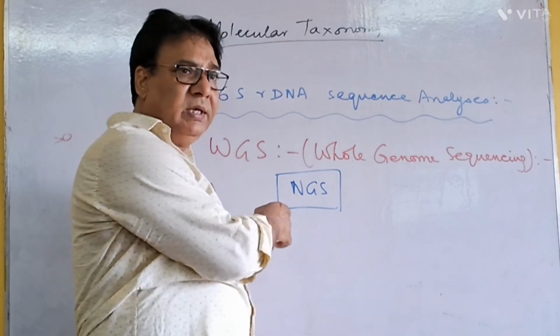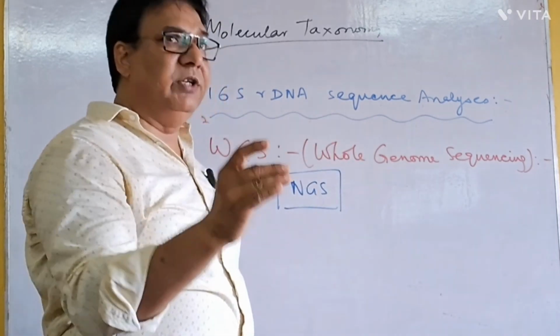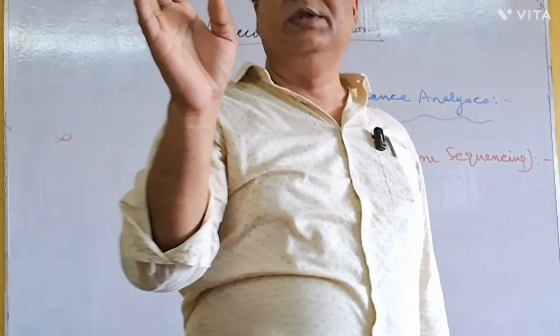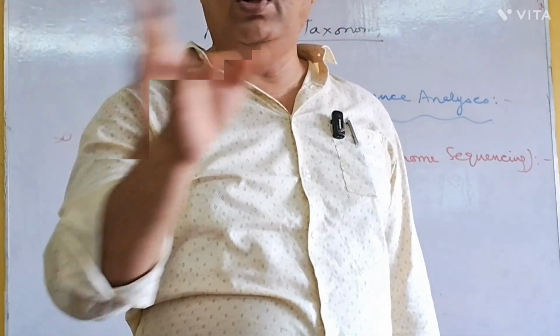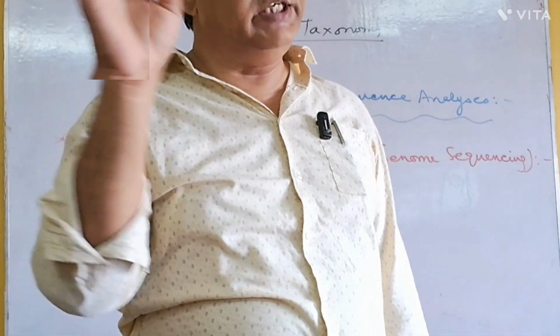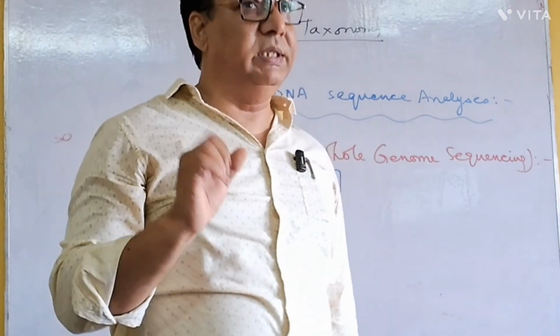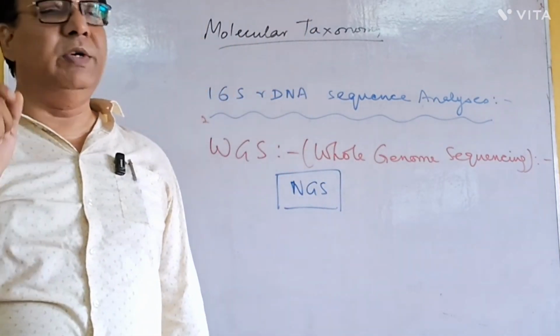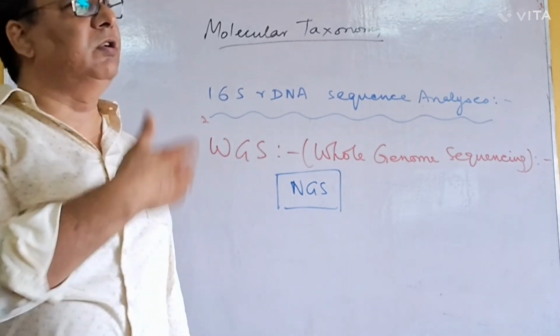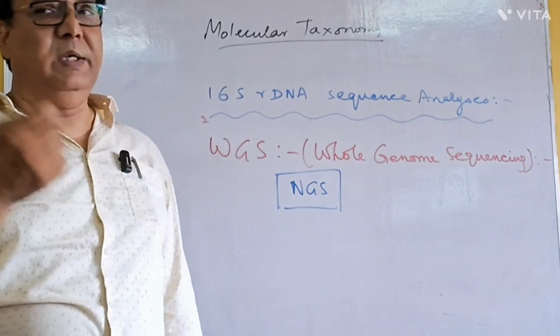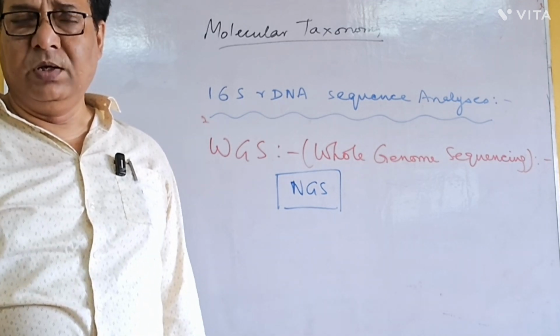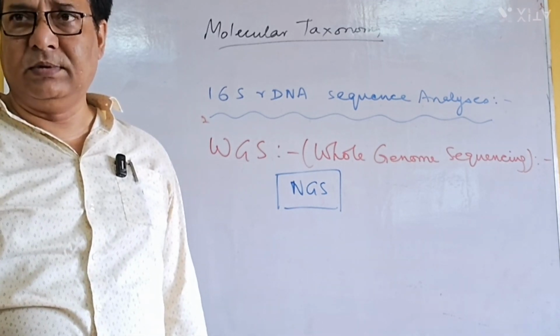In the whole genome sequence, your 16S rDNA sequence is there, your cytochrome sequence is there. All genes are there within that. The non-genic areas also, areas which are not genes. Everything is there in the whole genome sequence. So now you can compare taking the whole genome, or you may take specific genes to compare with the database.